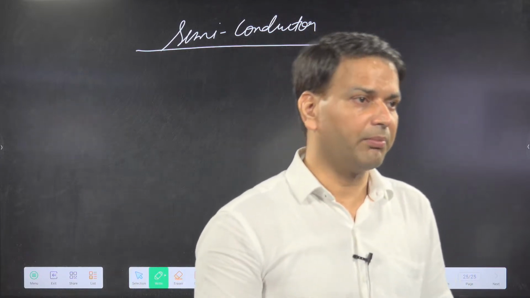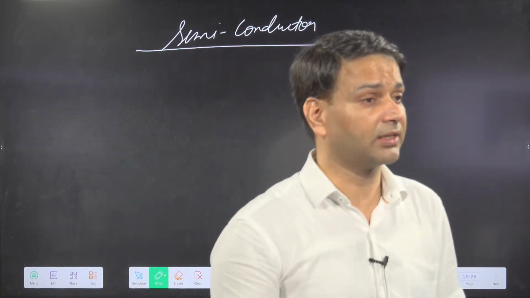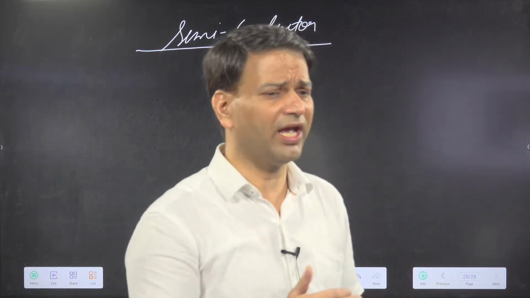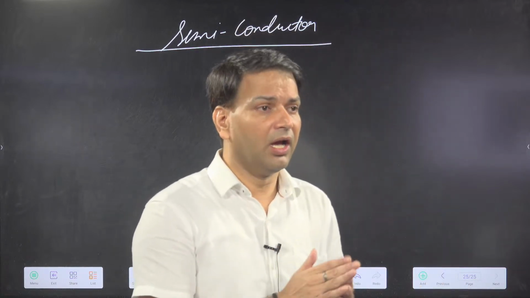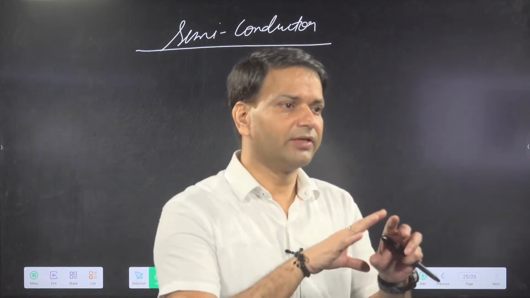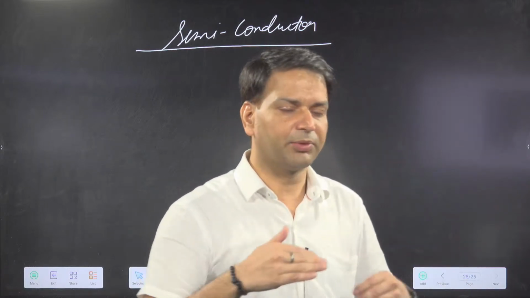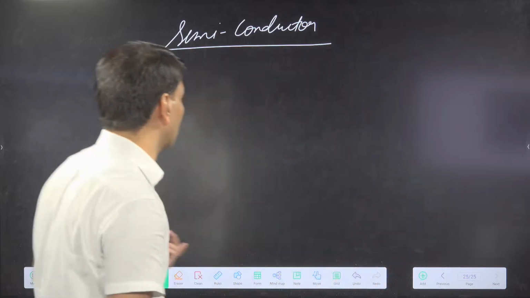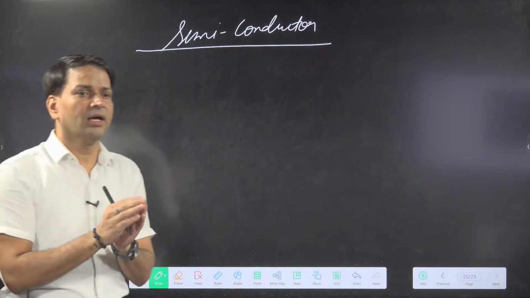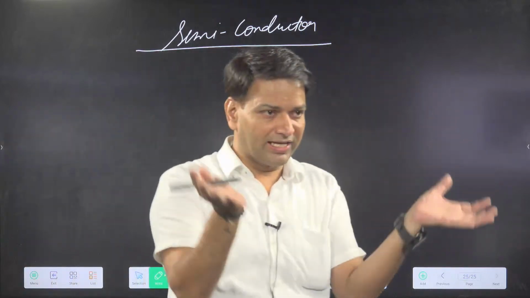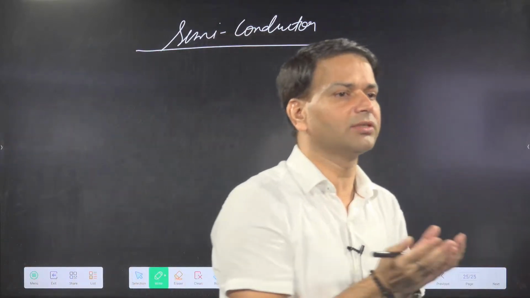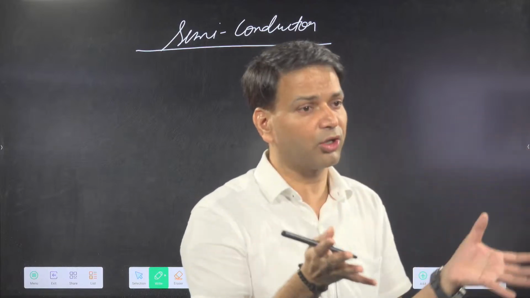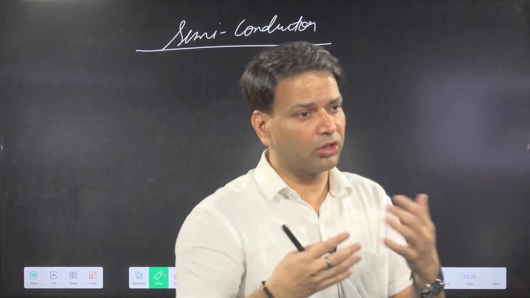Semiconductor, what happens here? We have the idea about the energy band. Energy band is what? Some atoms have electrons in the outermost shell. Suppose I have a sample of silicon, it has a large number of atoms, and the electrons will interact with each other.